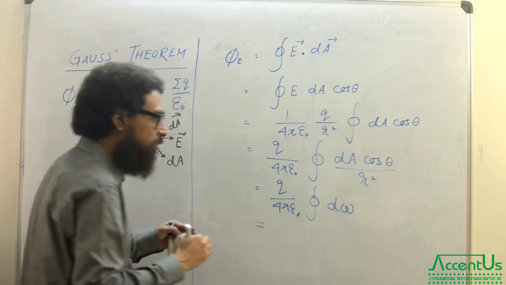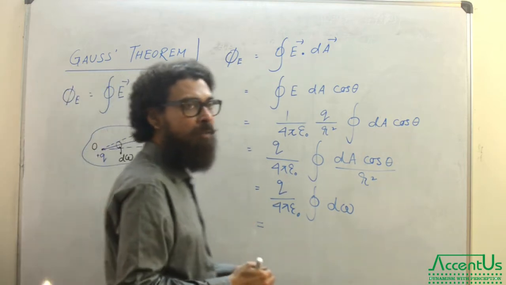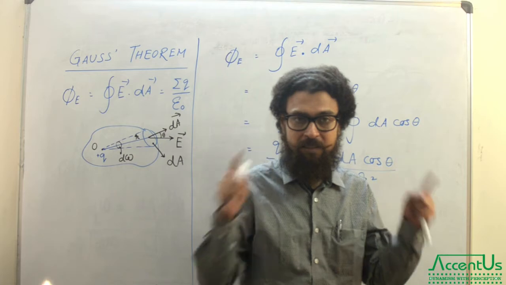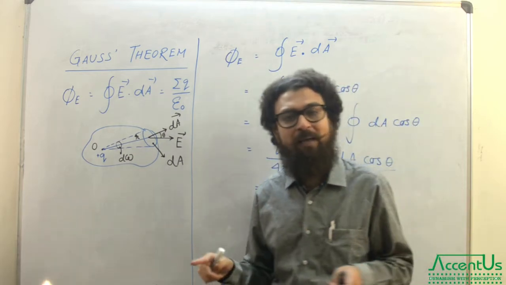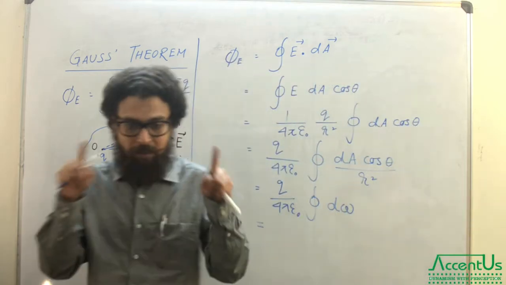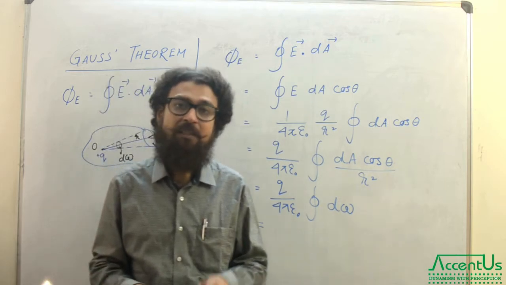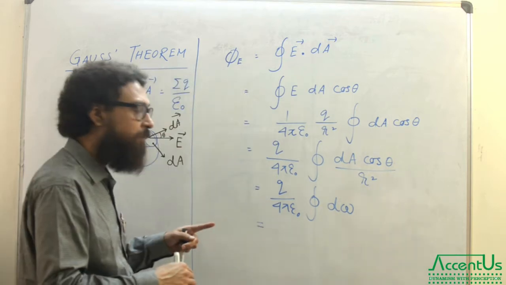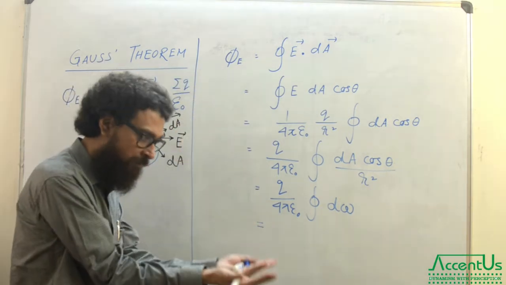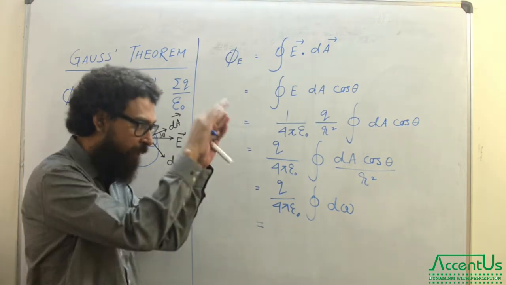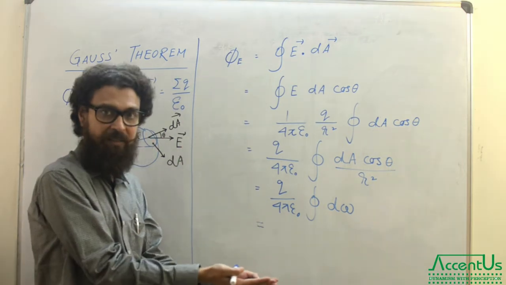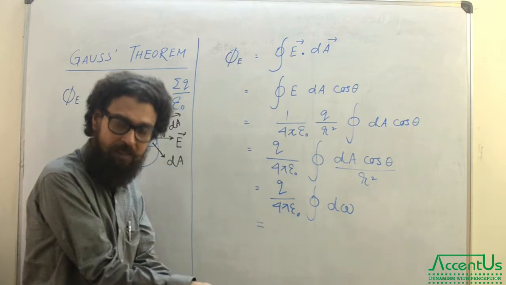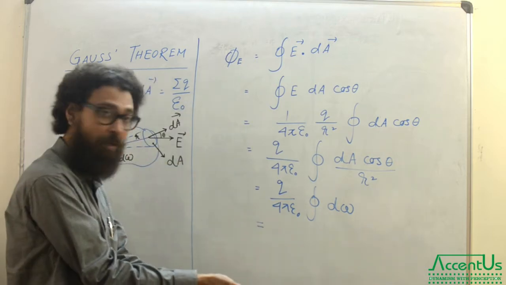What is the total angle subtended by a complete surface? Tell me, what is the total angle subtended by a complete circumference? It is 2 pi. And when we talk about a complete surface, it is 4 pi steradian. That is called the total surface solid angle.